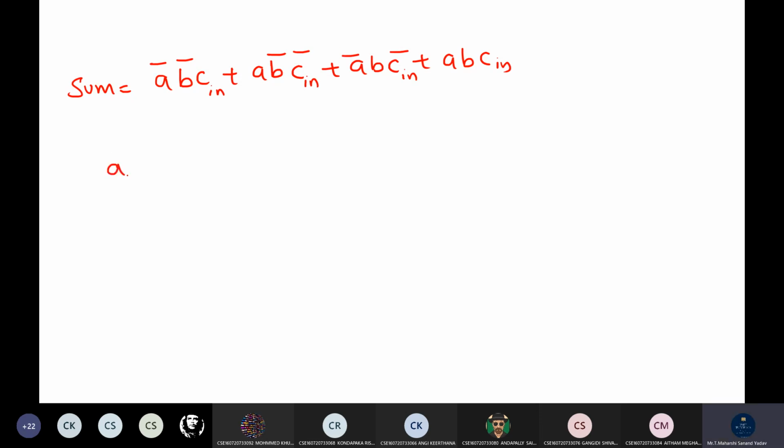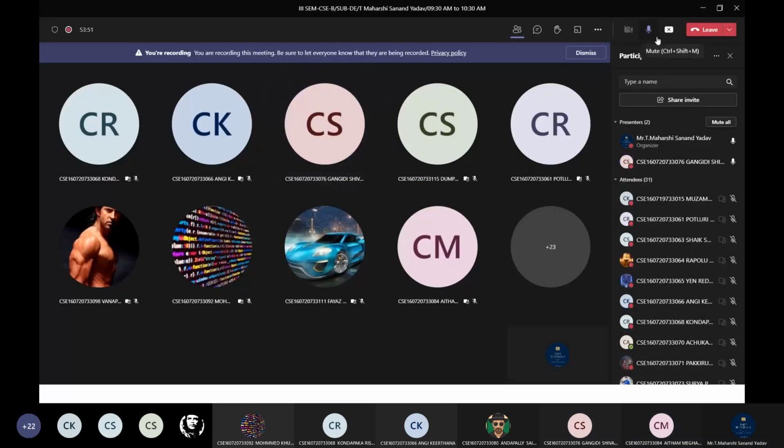Generally, if you want to do this individually, you need to expand. Like you take A XOR B, which is nothing but A B bar plus A bar B. Overall, this should be XORed with C in.